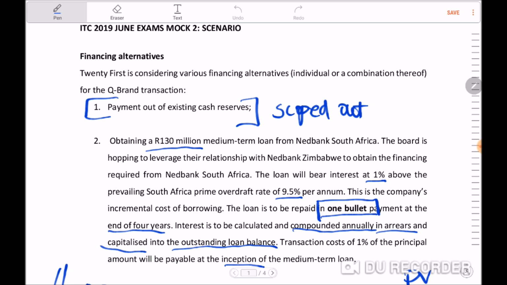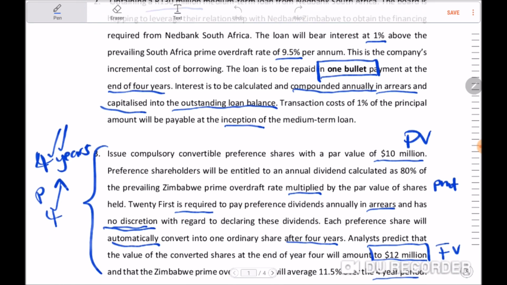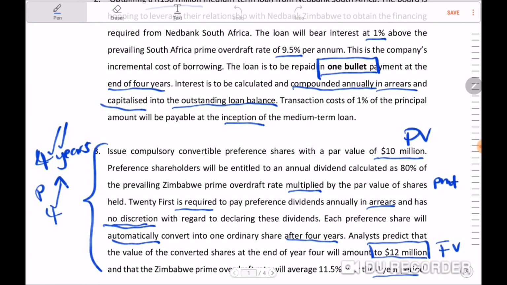Is it significant? Was it going to affect us positively, negatively, and so on? So in this discussion, you are picking from the information that you've been given, and you are now analyzing per instrument the likely implications of the instrument positively and negatively. Is 21st going to benefit or is it going to not benefit?